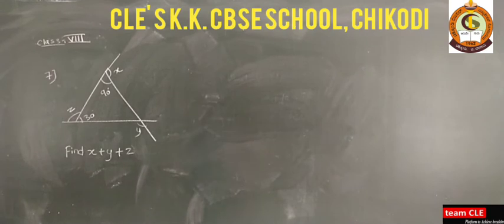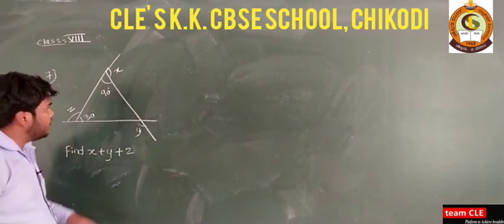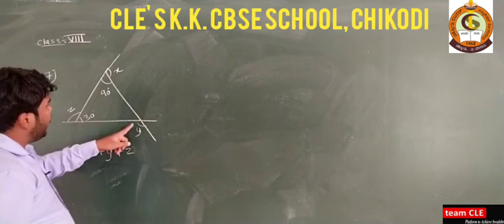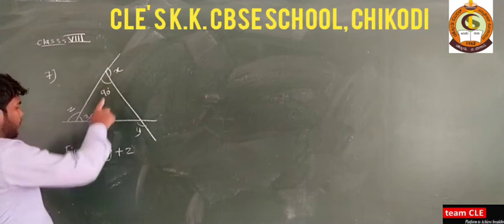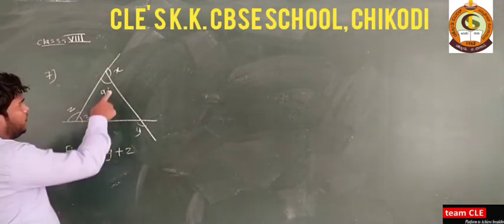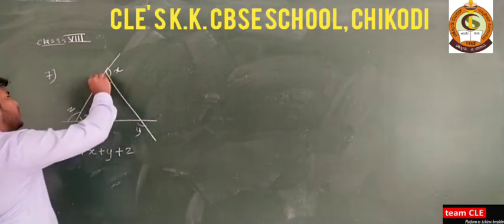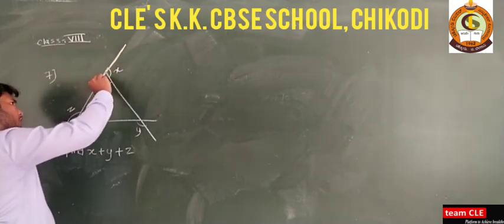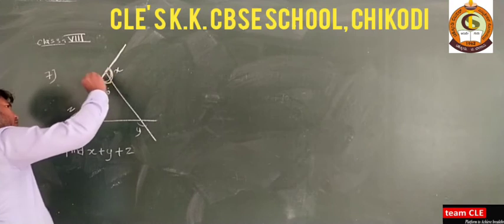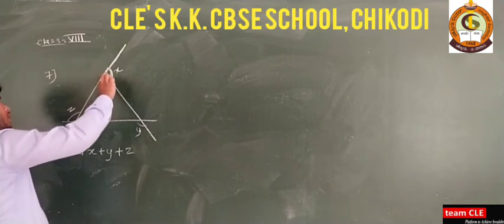Hello dear students, welcome back to one more question of exercise number 3.1, where the figure is given. First we will find the value of x, and find x plus y plus z. See here, this is a straight line. The straight line means x plus 90 will be equal to 180 degrees.